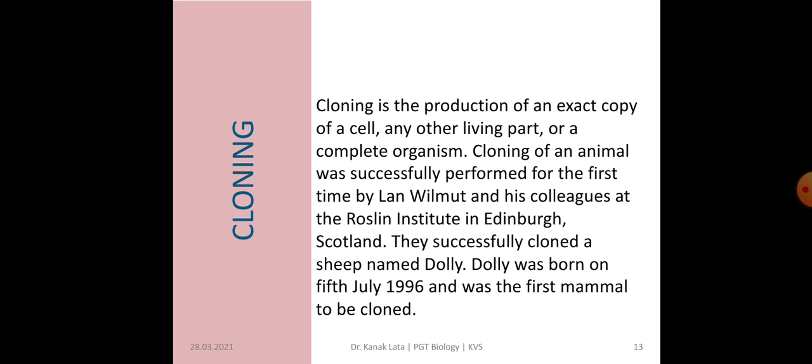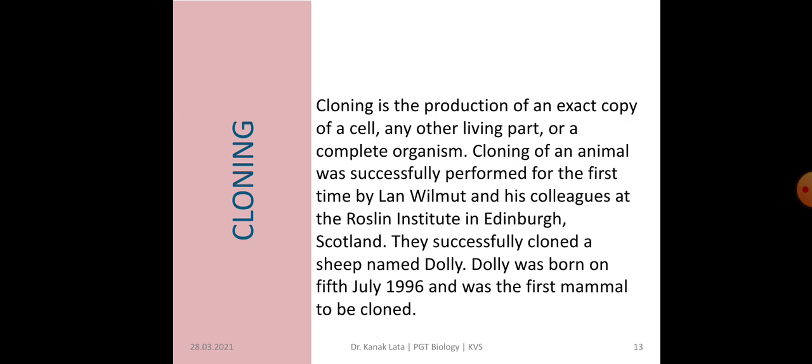Now the last topic is cloning. What is cloning? Cloning means carbon copy. It is the production of an exact copy of a cell, any other living part, or a complete organism. So cloning may be of a cell, of another living part, or of a complete organism.